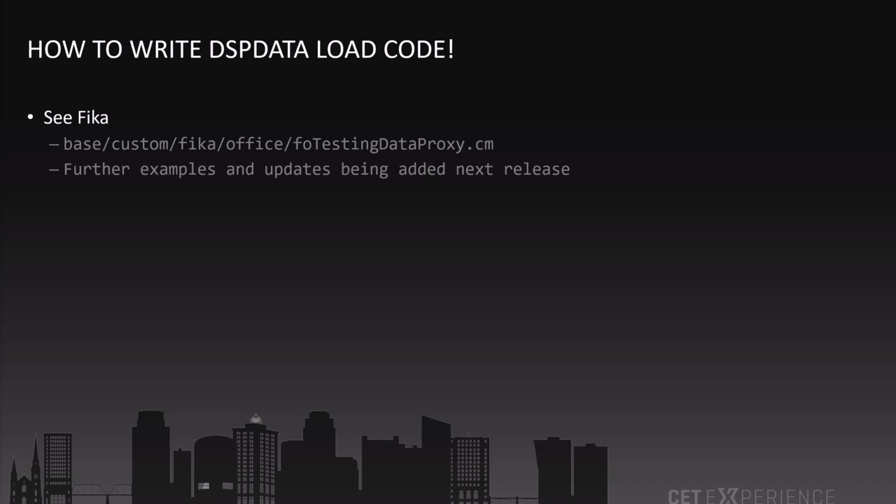Further examples for all the different types of load code are available in there. More are going to be added at the next release that I am busy writing and updating. So if you would like to know how to write each of these, you can just go and look there. If you have further questions about them or they are not complete enough, feel free to message dev support. She will forward those on to me, and I can get them written and included.